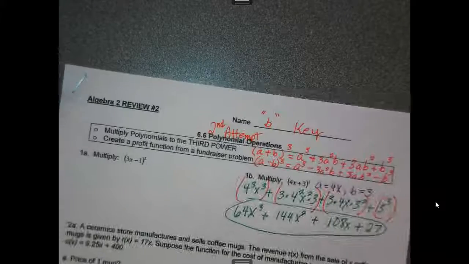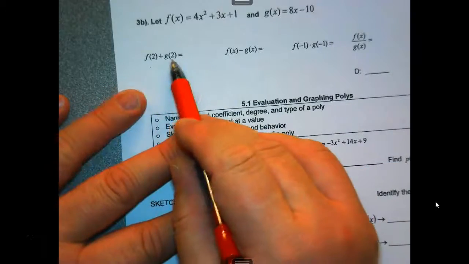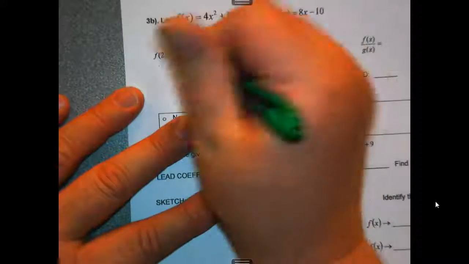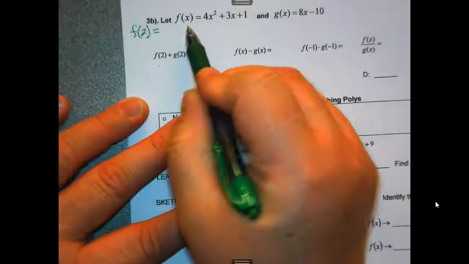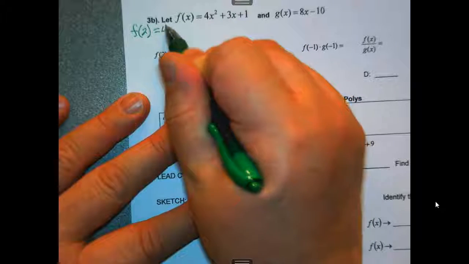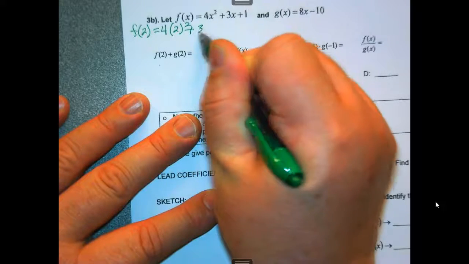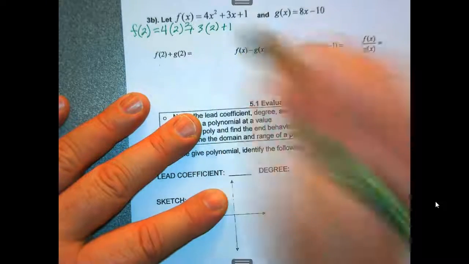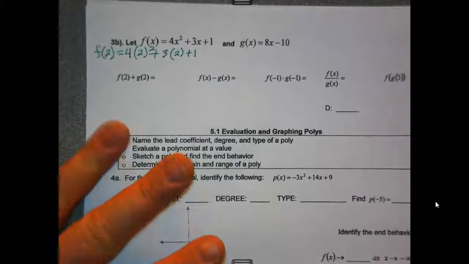Okay, I'm going to do the B, 3B. It wants us to find the f of 2, then add it to the g of 2. So the f of 2 is going to equal 4 times 2 squared plus 3 times 2 plus 1. Put all that in your calculators and find it.